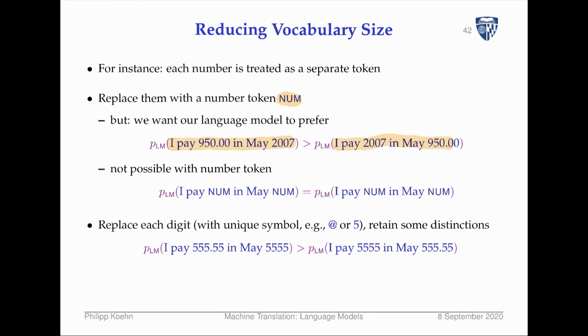If we just replace them with number tokens, they would be identical. But if we replace each digit with a special symbol like @, then we get this. You will see that May being followed by a 4-digit number is a pretty common thing, but May being followed by a fractional number is rather unusual.